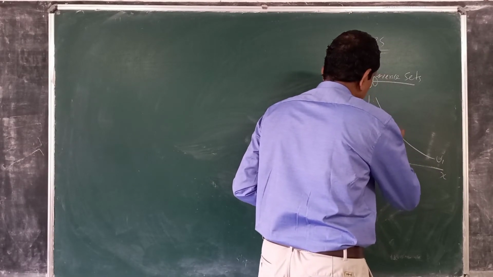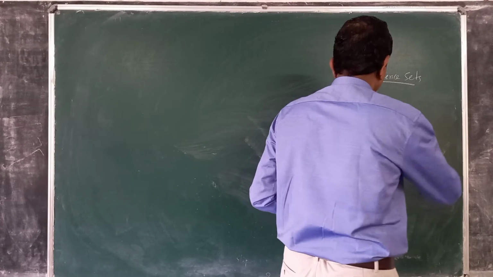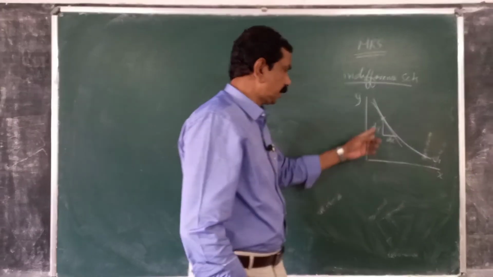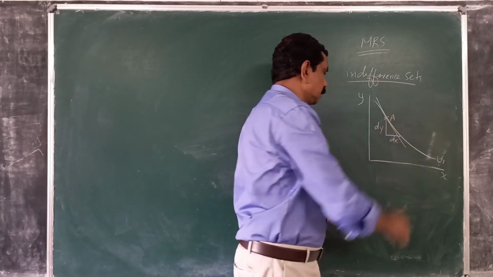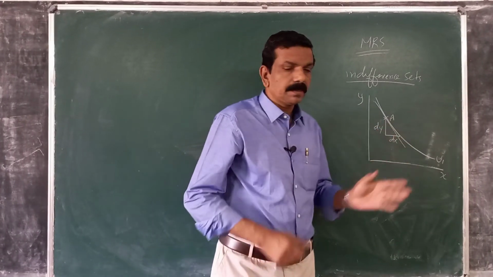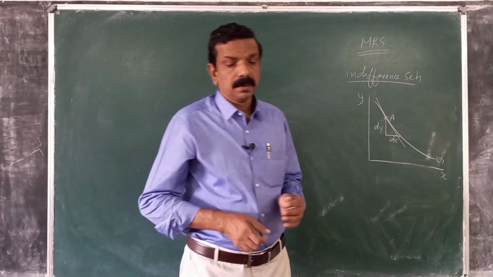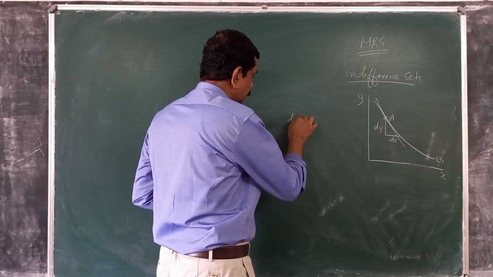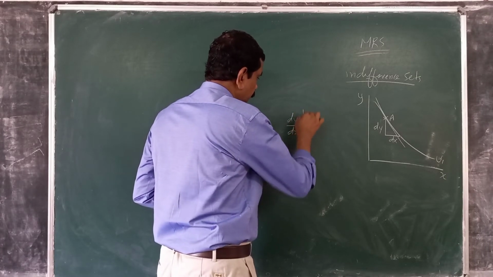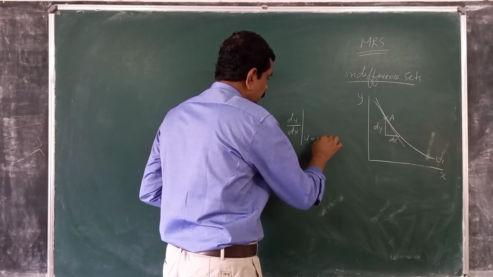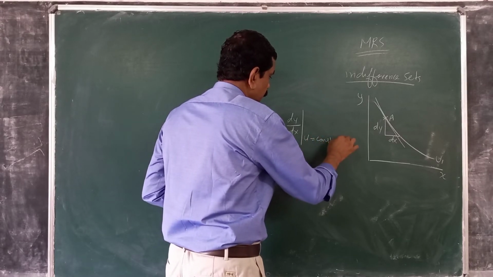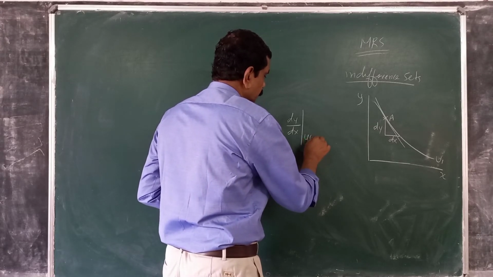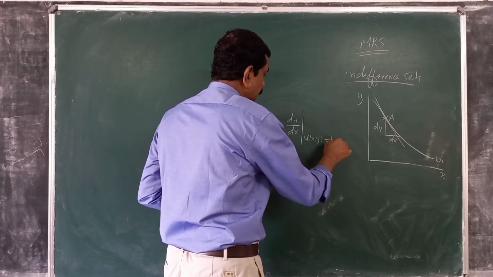So this is dy and this is dx. At a particular point, the slope at say point A is dy by dx, and dy by dx is a negative number. So slope is dy by dx, where u is a constant. U is equal to, or I can write it as U(x,y) is k.